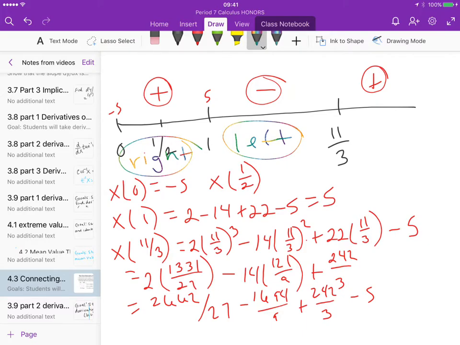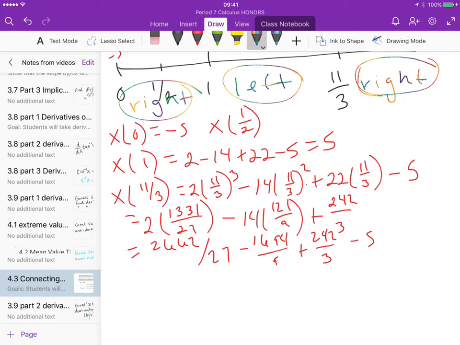And then after 11/3, for the value of t, we start to increase again. And so then we're starting to move to the right from 11/3 on. So if we're talking specifically intervals from 0 to 1, I guess it's not included here.